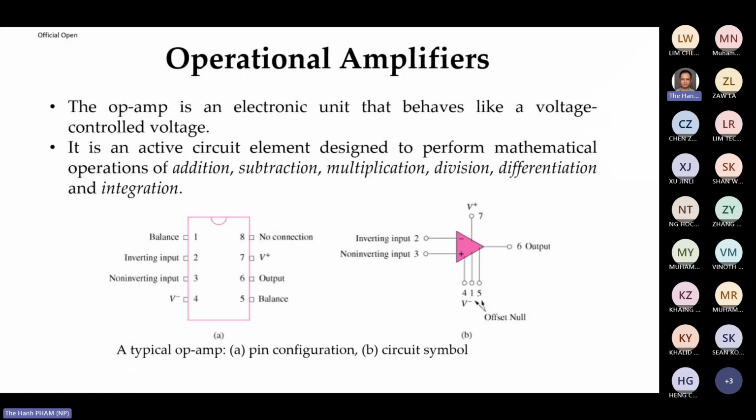Let's continue. We will look at some circuits using op-amps that help us do all kinds of operations you want. They can form filters, you can amplify the signal, you can adjust the level of the signal.